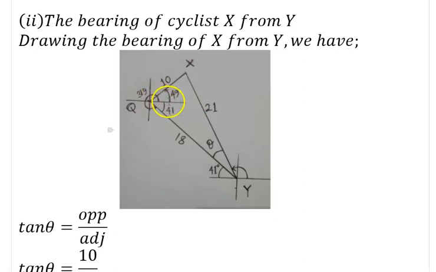If here is 49 degrees and here is 319, it is very easy for us to say, because from here to here is actually 90, and if you say 90 minus 49, it will give you 41.